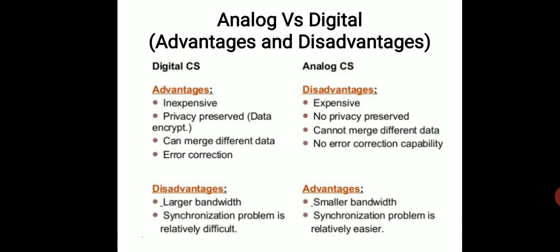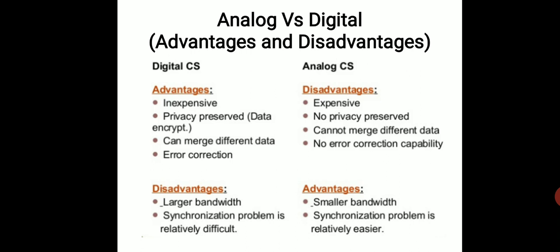In this slide, we see the difference between analog versus digital. Digital communication system. In a digital communication system, the major advantages are that it is inexpensive, privacy is preserved, we can merge different data into one, and error correction is possible.